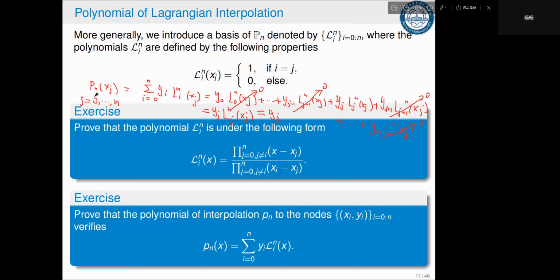So the polynomial defined by this one really verifies the interpolation condition. This is what we want. The remaining question is how to find such a basis, and this is our first task next time.